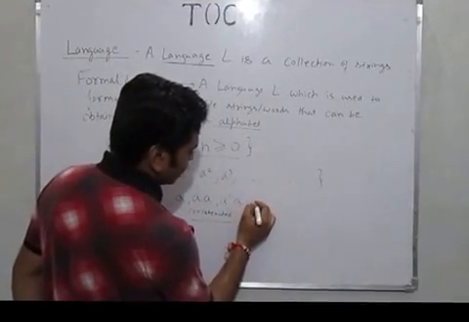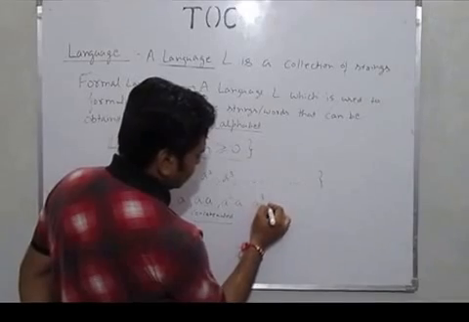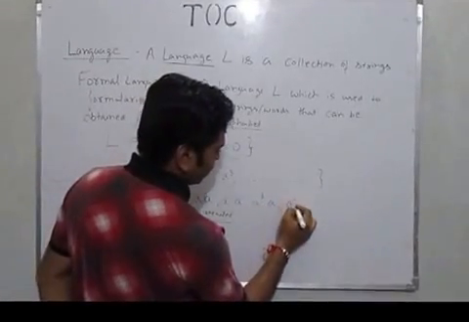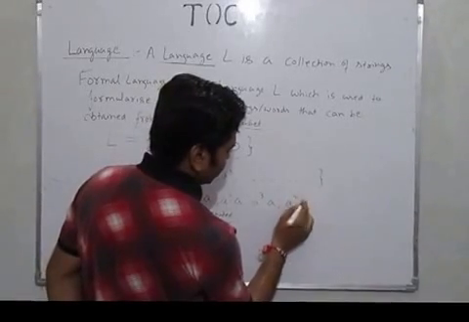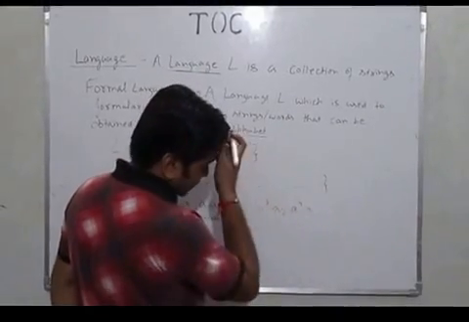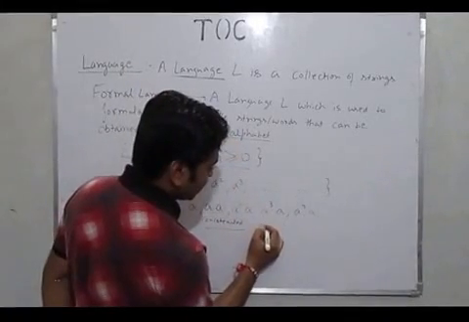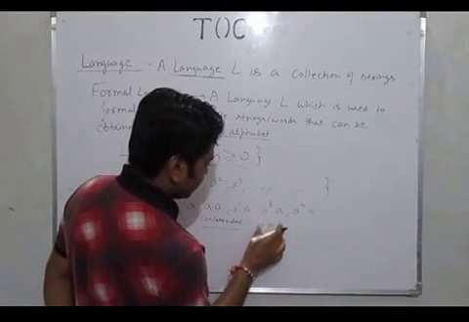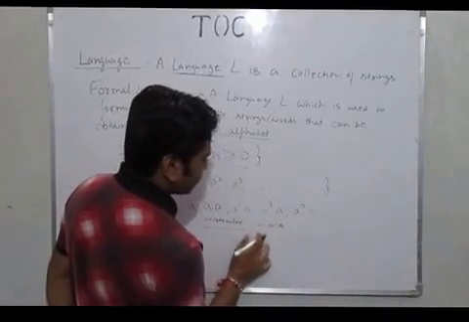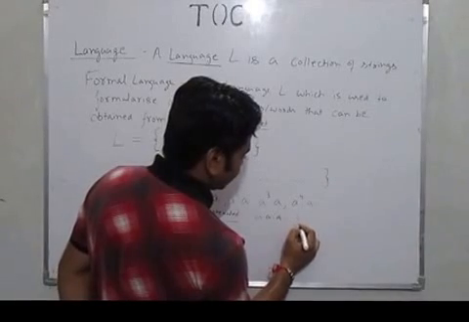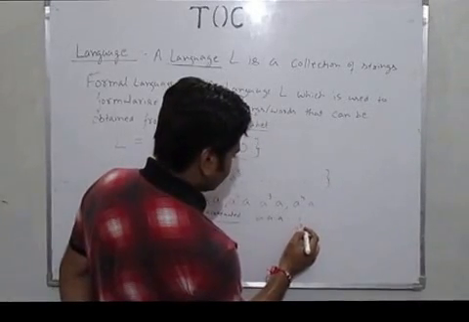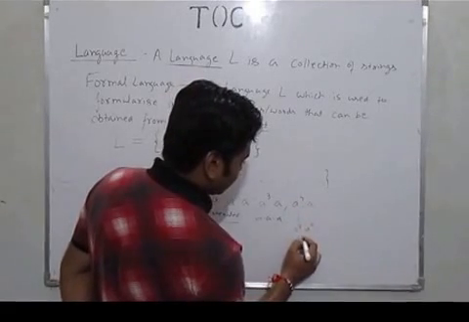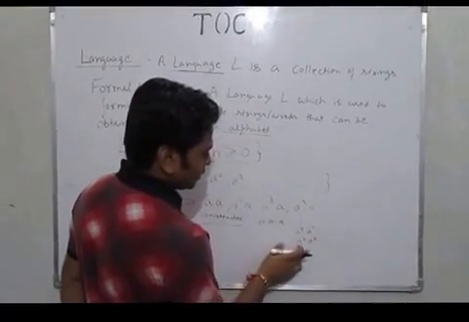Similarly, I can generate this thing. So I can simply say that a cube can also be generated as a and a square, or a square and a, something like that.